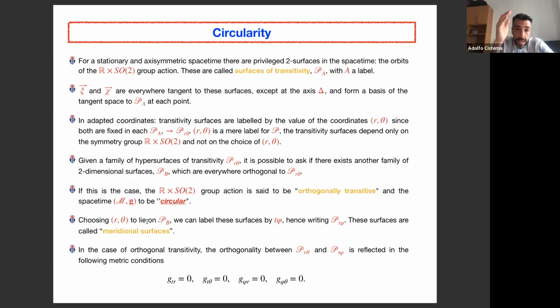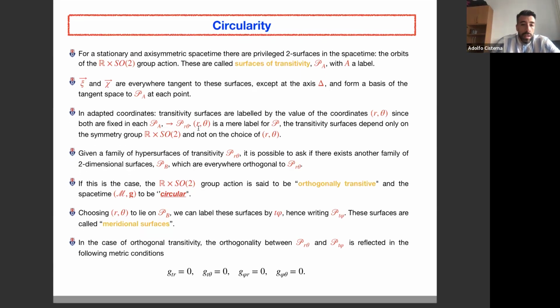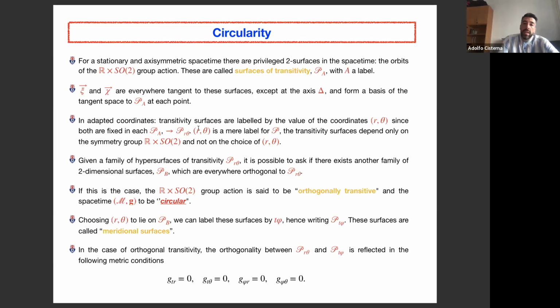These orbits of the group action are called surfaces of transitivity, which I'm calling P_A. When you are in adapted coordinates, these surfaces can always be labeled by the remaining coordinates r and theta. It doesn't imply that they depend on r and theta, because remember that they are the ones defined by the coordinates t and phi.